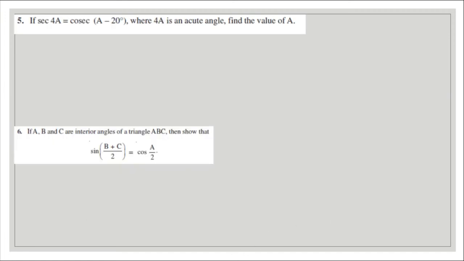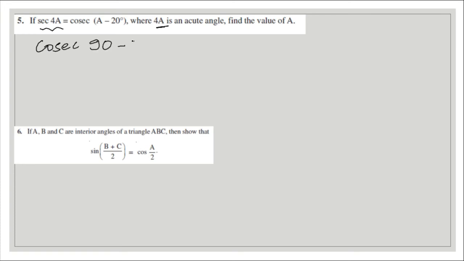Question number 5. In the fifth question, we have secant 4 times angle A equal to cosecant of A minus 20 degree, where 4A represents an acute angle. Find the value of angle A. Again, I am going to convert this secant as cosecant by using the complementary relation.